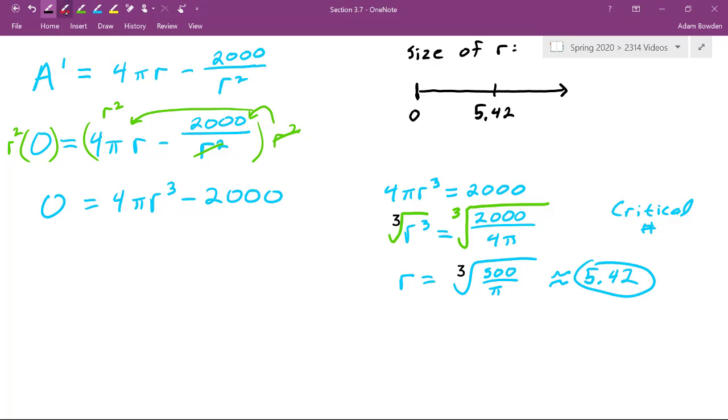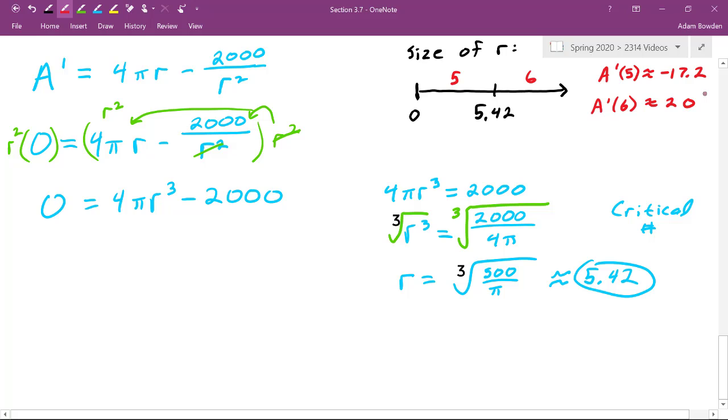I just want to know what's going on with this. If I choose numbers like 5 and 6 next to it, just to check what's happening with the derivative, and if I plug in 5 to the derivative, it turns into approximately negative 17.2, and if I plug in 6 to the derivative, it comes out to be approximately 20.